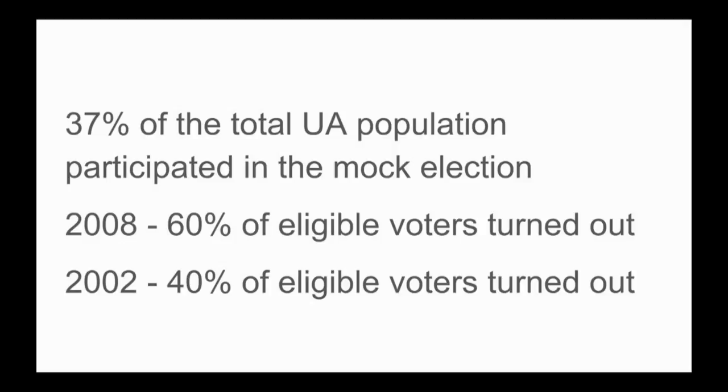In comparison to 2002, where we had elections for some representatives and senators, but there was not an election for a president, you see a smaller percentage of the eligible voters turning out to cast their ballot.